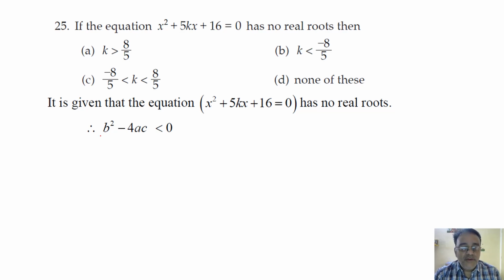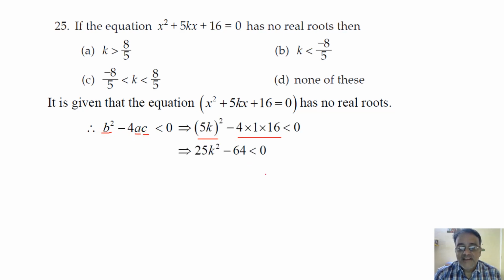So b value is 5k and a is 1, c is 16. So we are getting 25k square minus 64 is less than 0. So 25k square is less than 64, k square is less than 64 by 25. And if you take square root, we are getting 8 by 5.